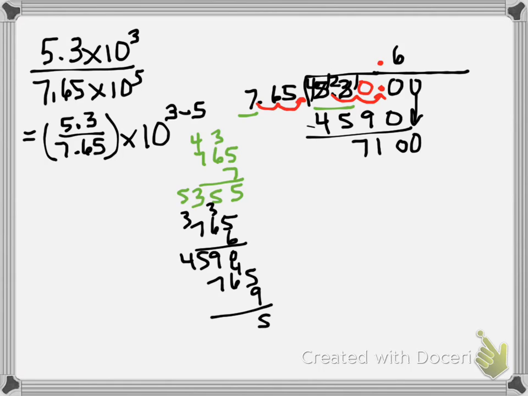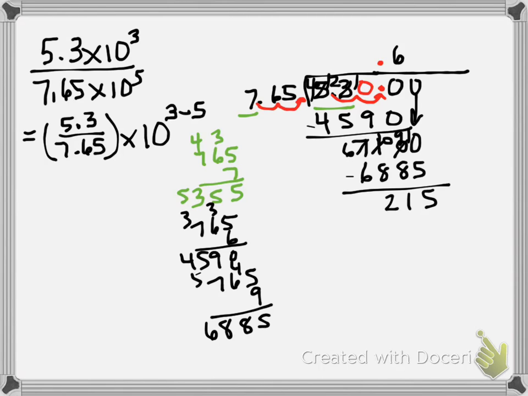We have 54 and 4 is 58. 63 and 5 is 68. And then we subtract. So 10 take away 5 is 5. 9 take away 8 is 1. Oop, I have to rename again. 10 take away 8 is 2. So that was a 9.